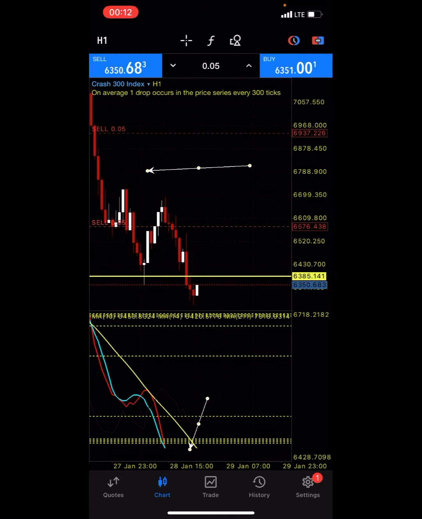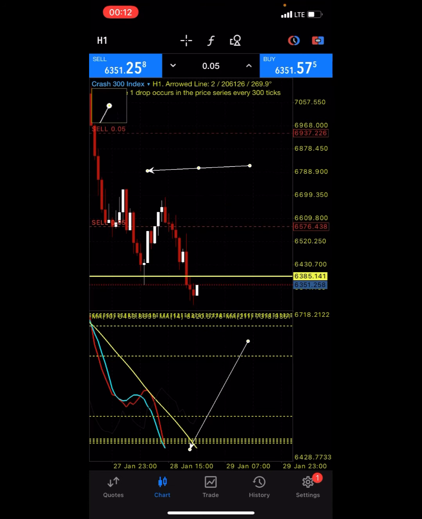Now, what of the scenario where you find the yellow moving average pointing to the upside in a different time frame? What do you think is happening?